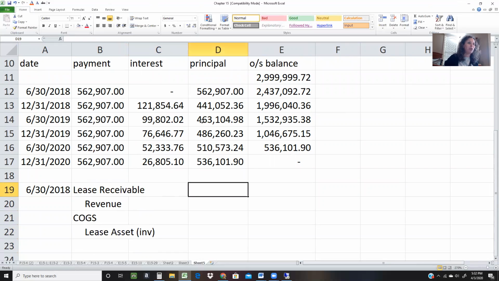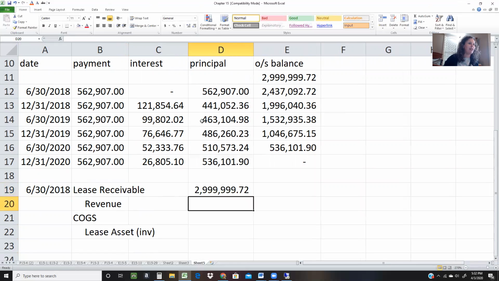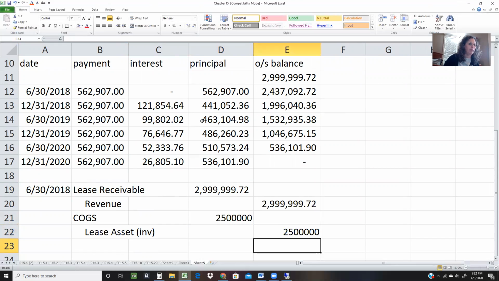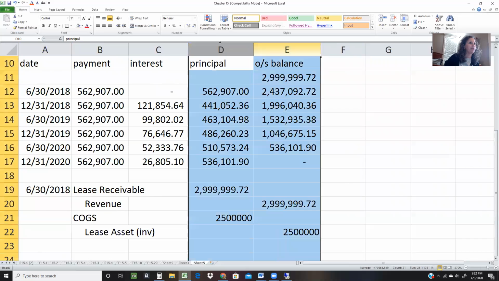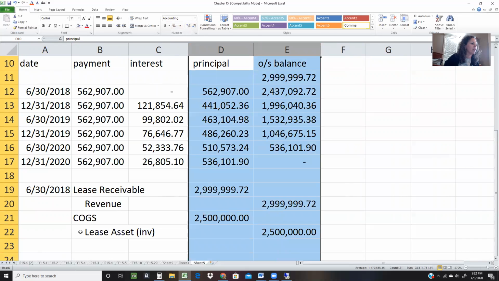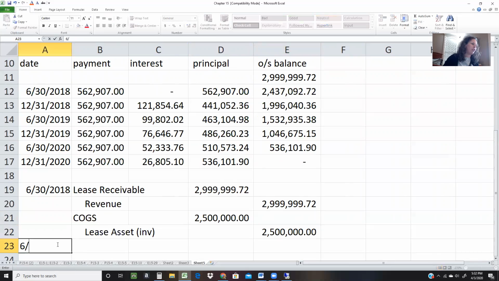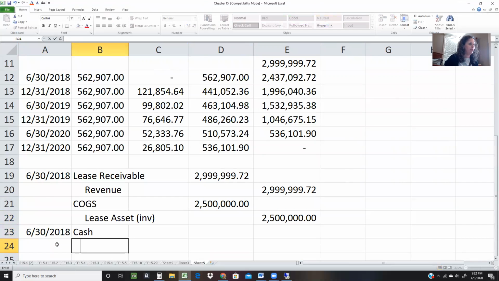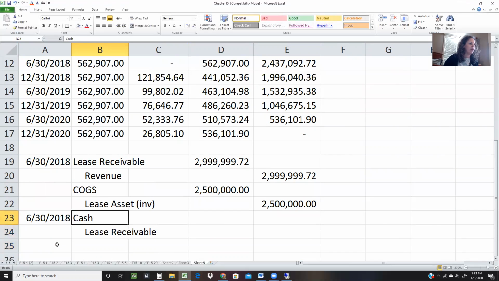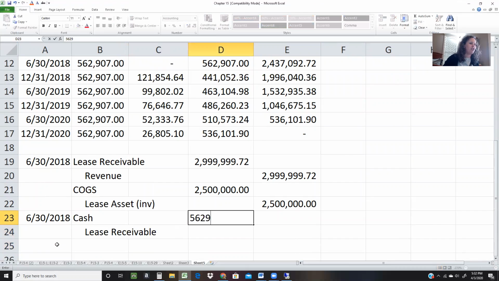So lease receivable would be the 2,999,999. And the cost of the good that was sold is 2,500,000. And then on 6/30/18, we would receive our first payment, cash, lease receivable, and that would be 562,907.